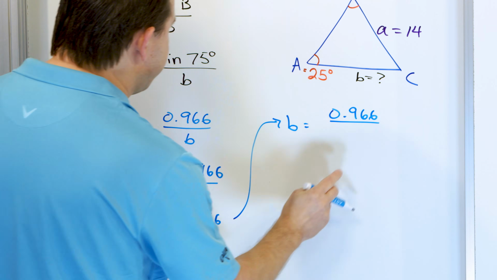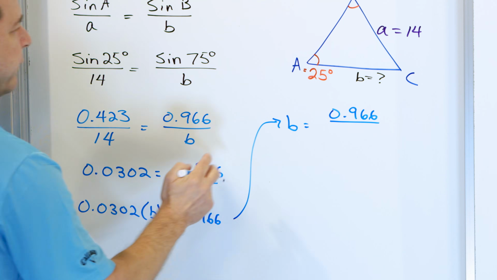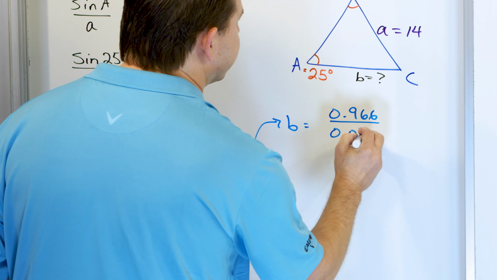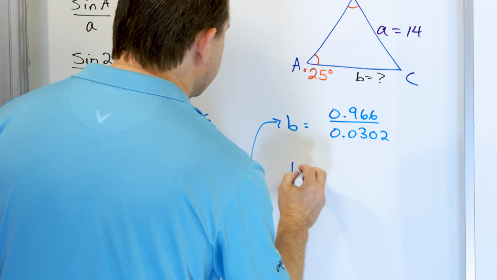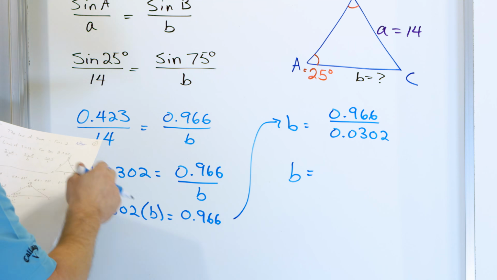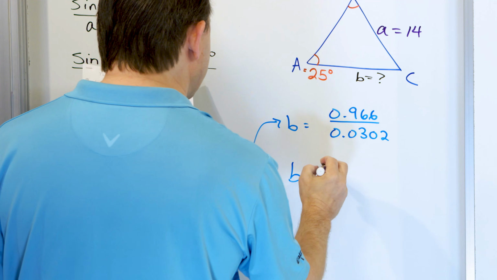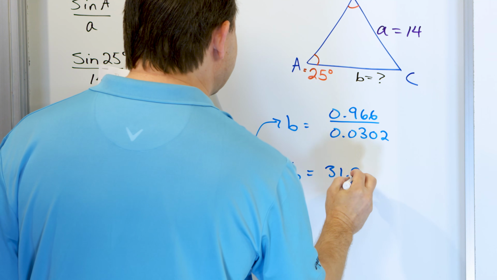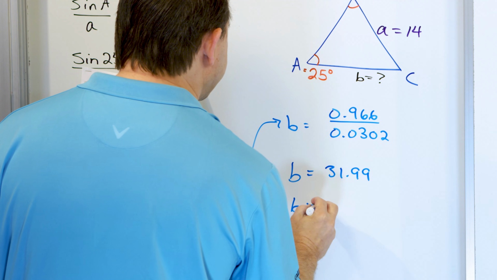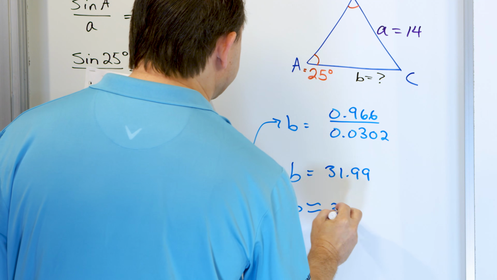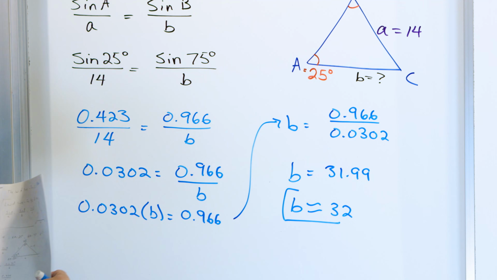So 0.966 divided by 0.0302 works out to 31.99, and that's so close that basically we're just going to say it's equal to 32. And this is the answer we're going to put down here, 32.